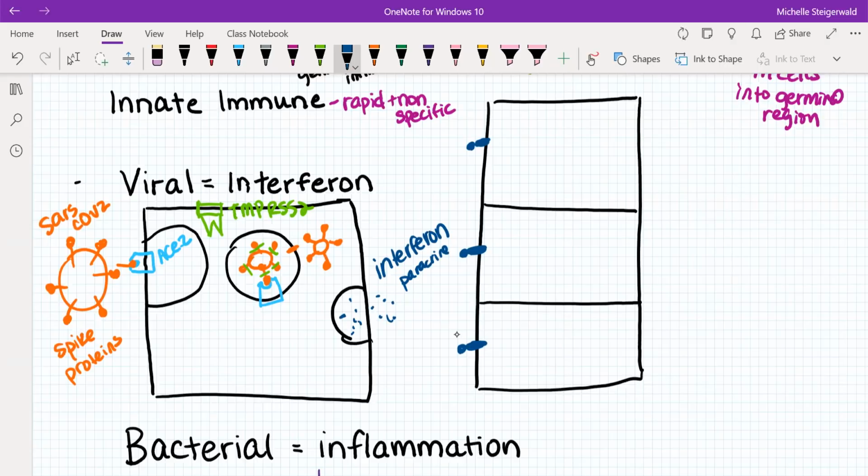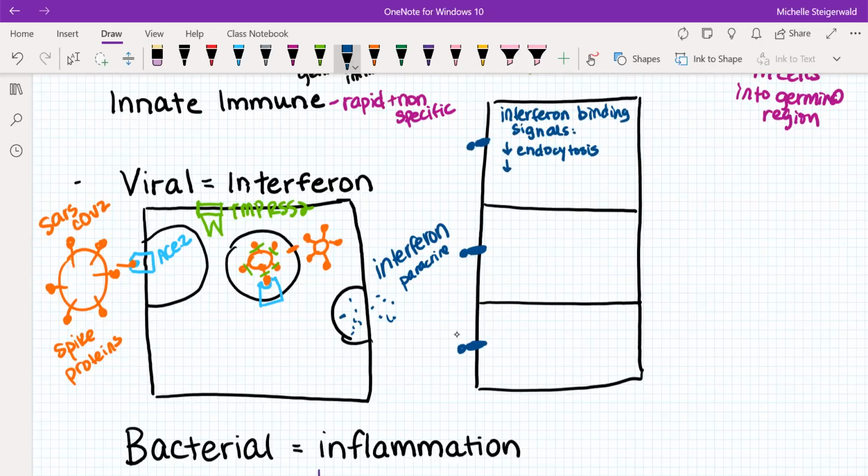This is a signal. So the interferon binding becomes a signal to warn these cells that, hey, there's bad guys in the neighborhood, be careful. And those cells are going to lock the door, okay? They're going to reduce the amount of endocytosis so that the bad guys can't get in.